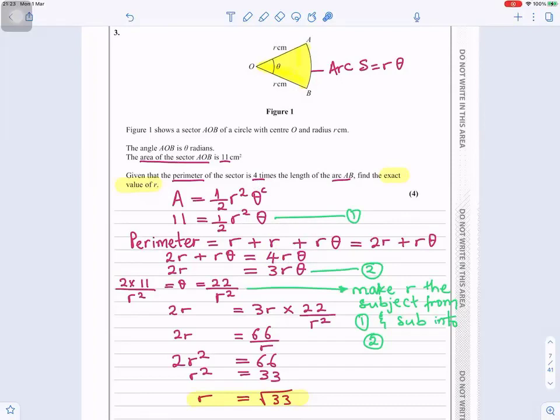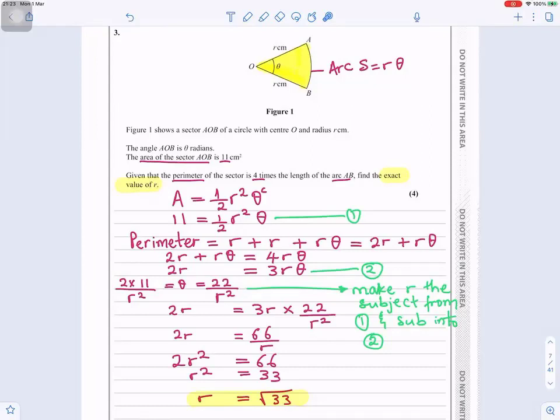Now we can get r theta to the other side, it becomes minus. So 4 r theta minus r theta is like 4 apples minus 1 apple. So it'll be 3 r theta. So 2r equals 3 r theta. And we can have theta equals 2 times 11 over r squared.